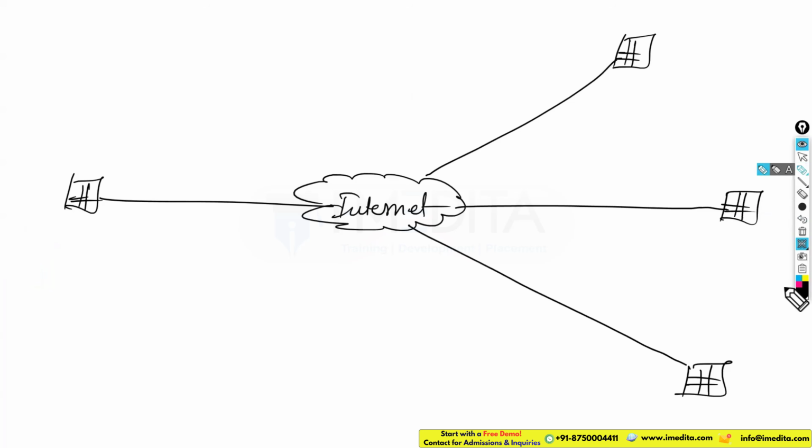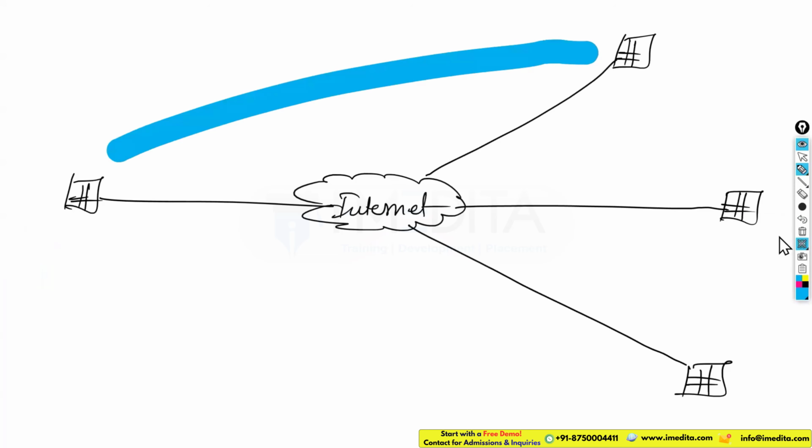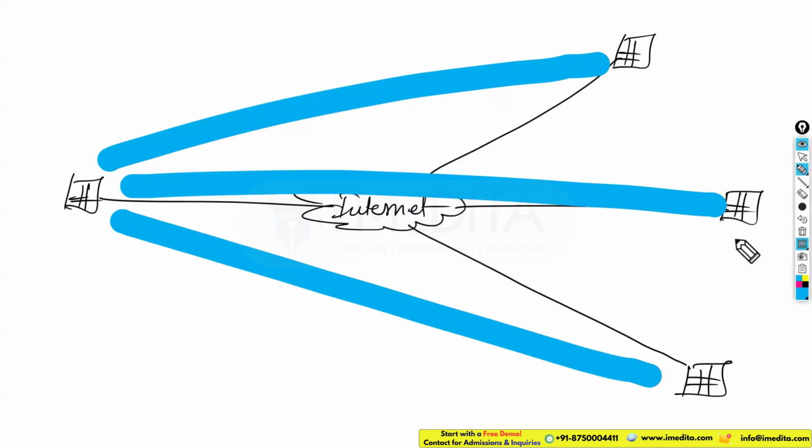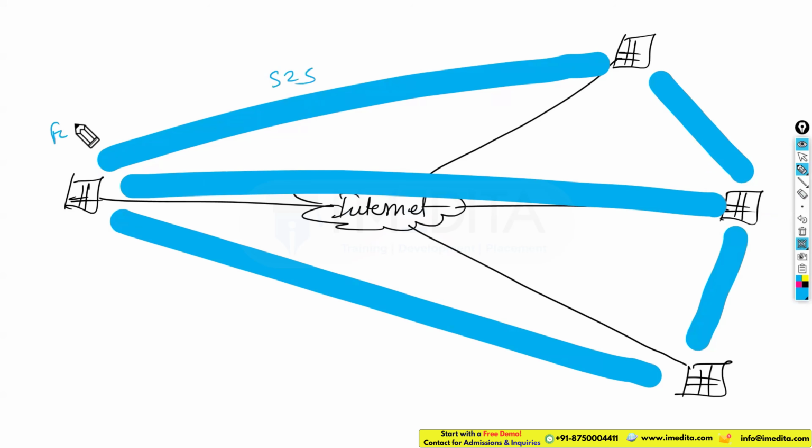Same, we can still configure site-to-site VPN between them. So remember it, when we talk about site-to-site VPN, it means firewall to firewall. So we can say site-to-site VPN or IPsec VPN provides secure communication between branches over insecure network.